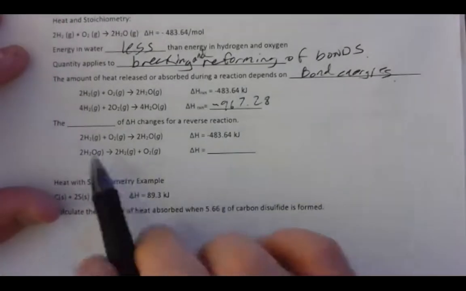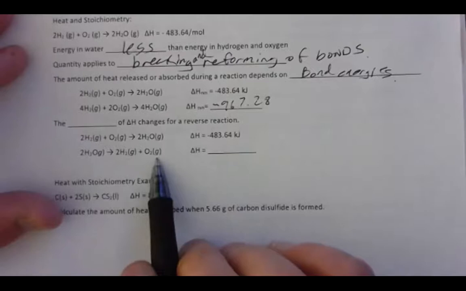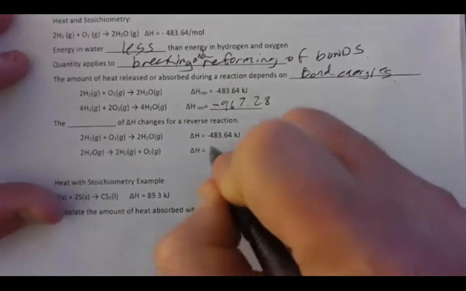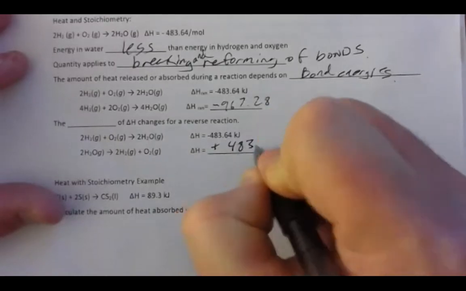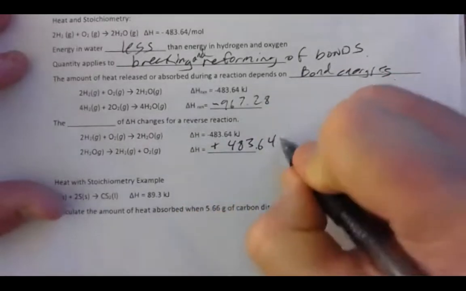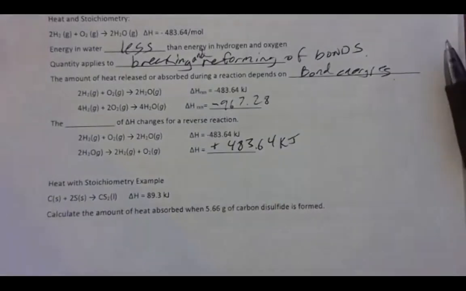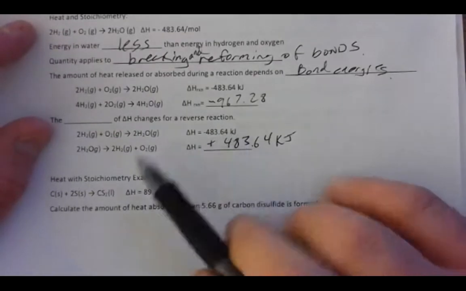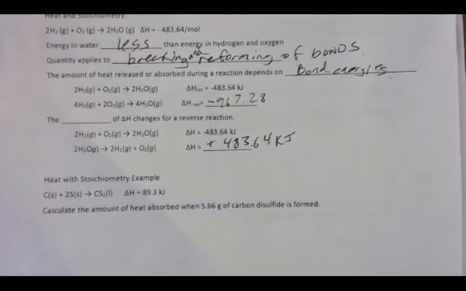Well, how much energy would I have to put into this in order to make it? Well, it's the same energy. It's the positive because I'm putting it into it, but it is the same energy. And that's kind of the cool thing. If this is happening, this much energy is going out. If I want the opposite to occur, then I've got to put that energy back in.